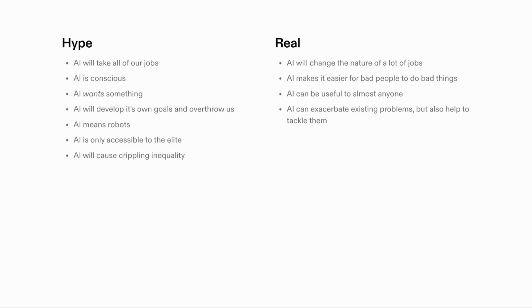And that point relates to the hype that this is going to cause crippling inequality. Really, what's happening is that AI is becoming really, really accessible, and it means that anybody who has an internet connection, which hopefully will be the whole world at some point soon, is able to use these AI systems for free. And that means they have the same power, the same tools, the same access to those tools as anybody.